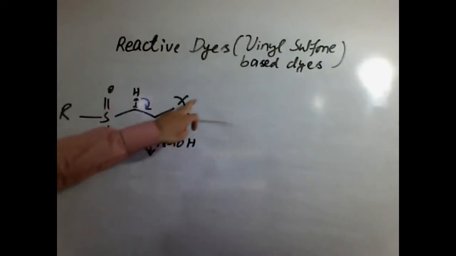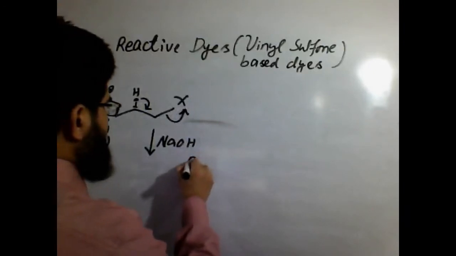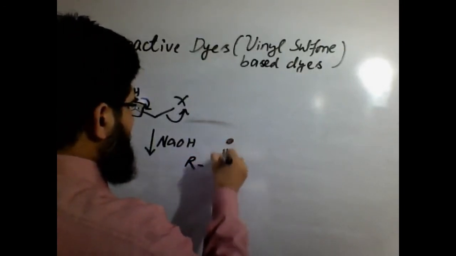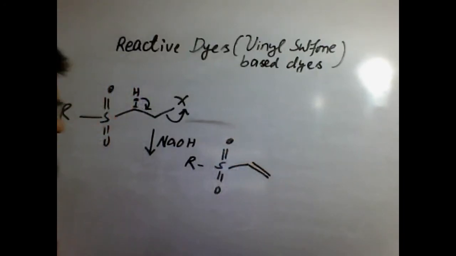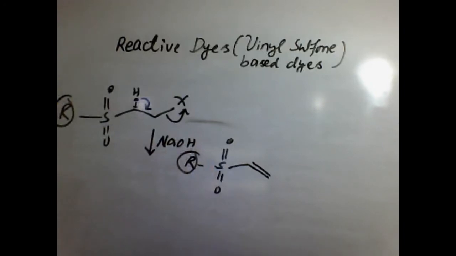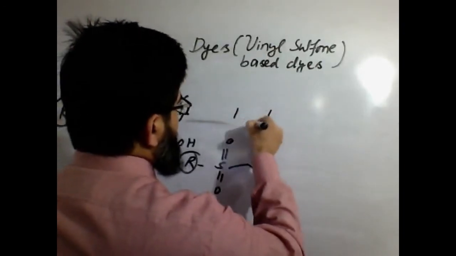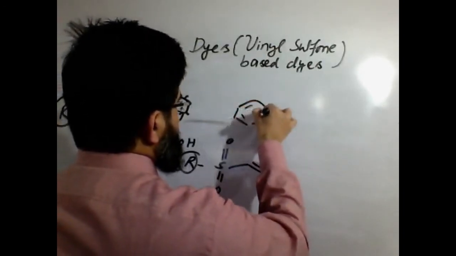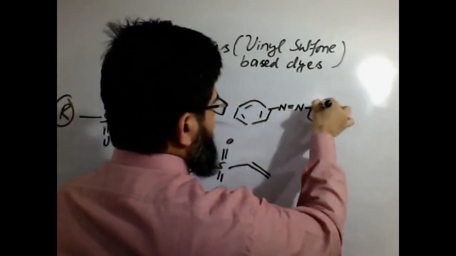The group is supposed to be a good leaving group. Then we can have the vinyl sulfone functionality introduced. Again, this R is supposed to be from some sort of a dye molecule. Let's say one can presume, I'm just giving you an example, that we have this sort of starting material.